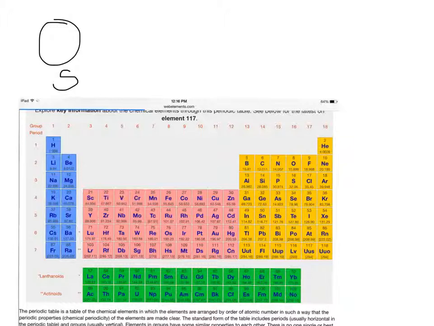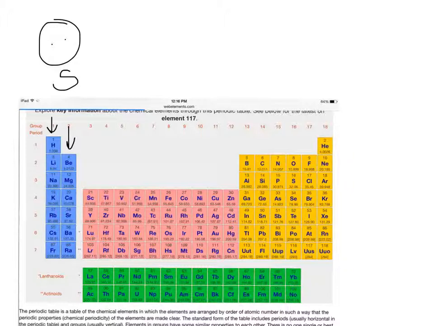Because it helps us to remember a sphere. Each sphere can hold 2 electrons. Now, if you'll notice, in the blue, it has 2 columns. So each of those is a place for 2 electrons.